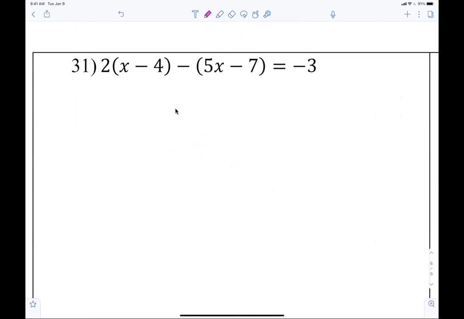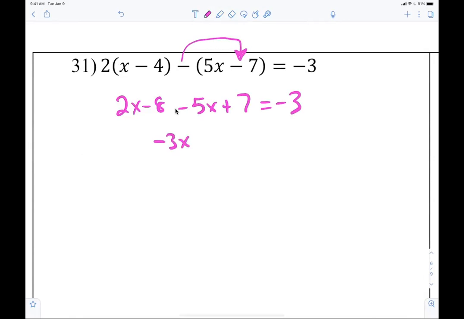Okay, so 2x minus 8. 5x minus 7. Not -7. Negative times a negative is a what? Positive. You agree? Now what? -3x. Good. -1.